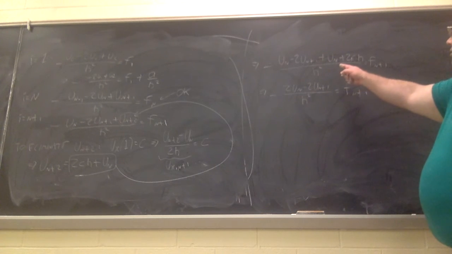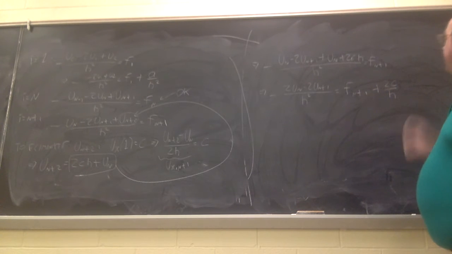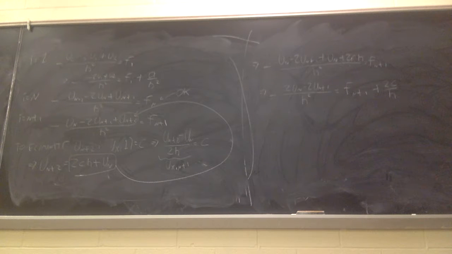It's ultimately a minus over here, so it's a plus over there. 2c over h is what winds up over there. Okay. All right. Any questions on how that came about? So I make sure I actually did it right.